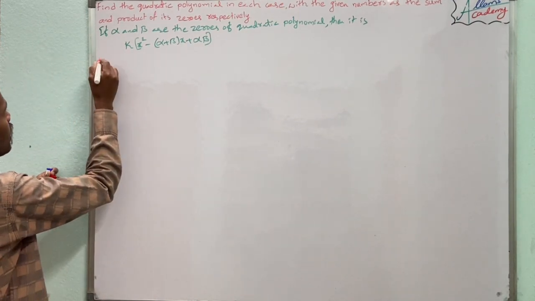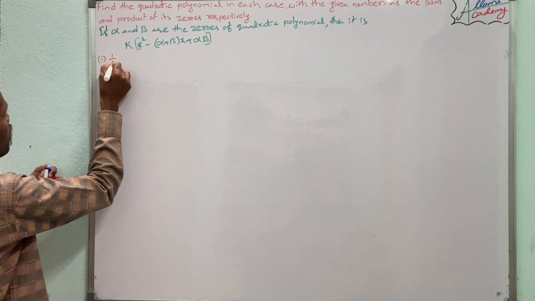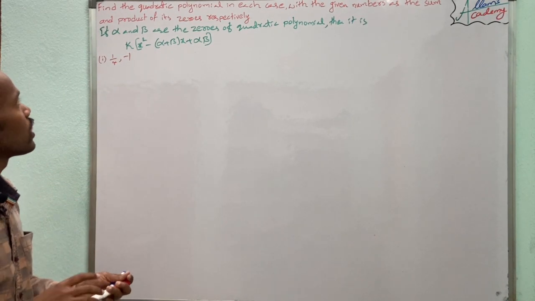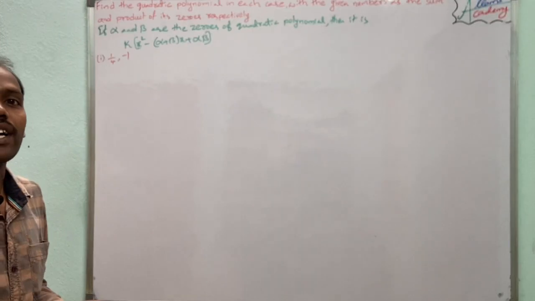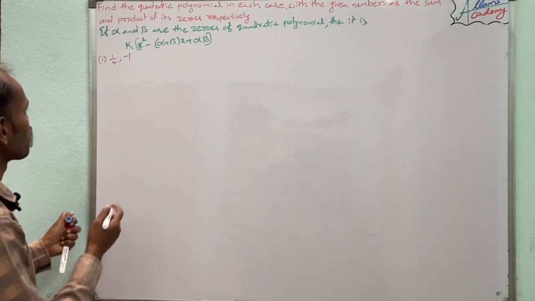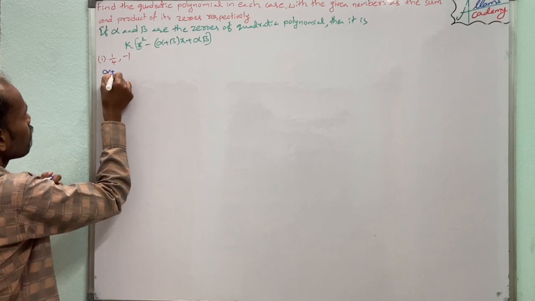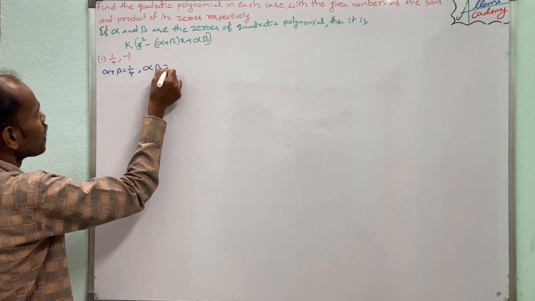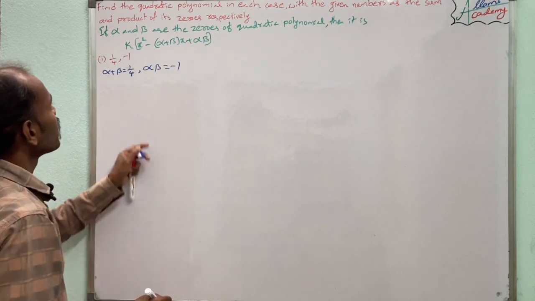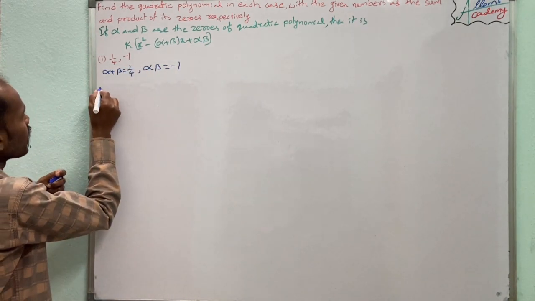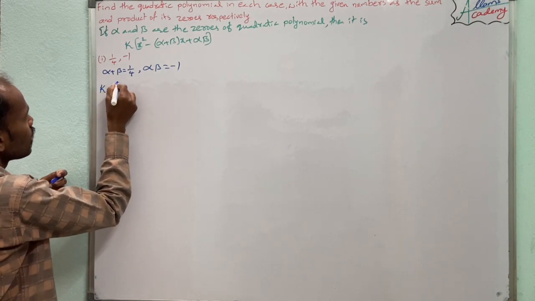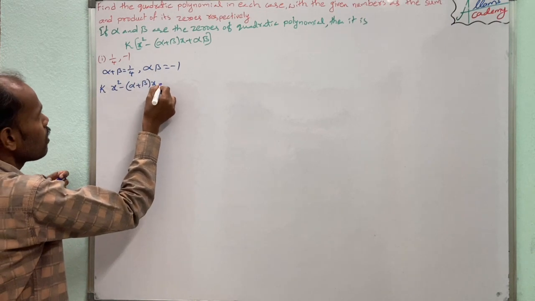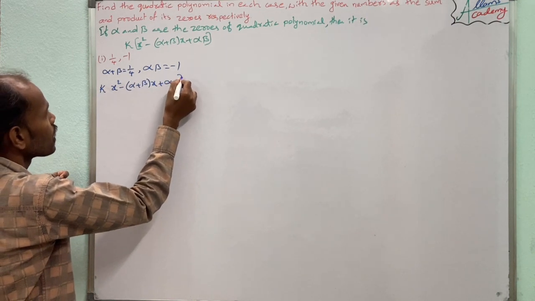So if we take the first problem as 1 by 4 and minus 1, so if the sum of the zeros is 1 by 4 and the product of the zeros is minus 1, so that alpha plus beta equal to 1 by 4 and alpha beta equal to minus 1, then the quadratic polynomial is k into x square minus half alpha plus beta into x plus alpha beta.